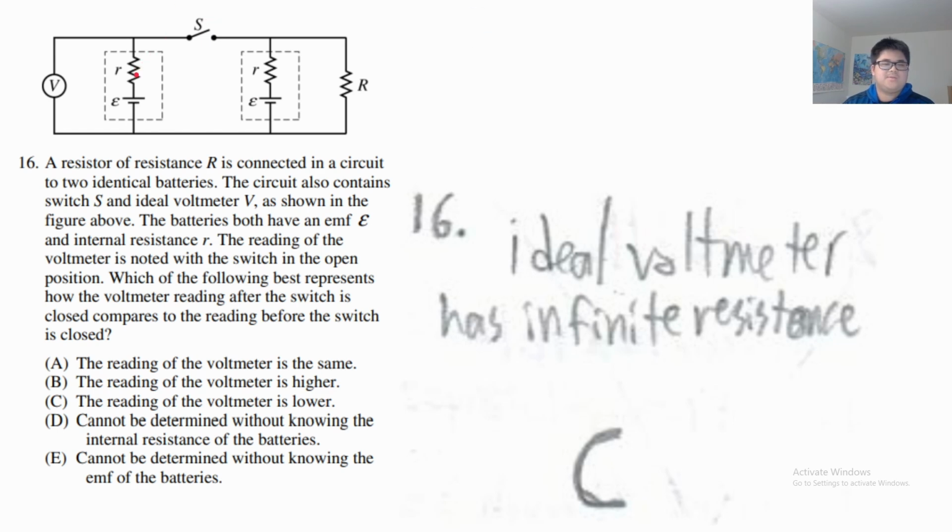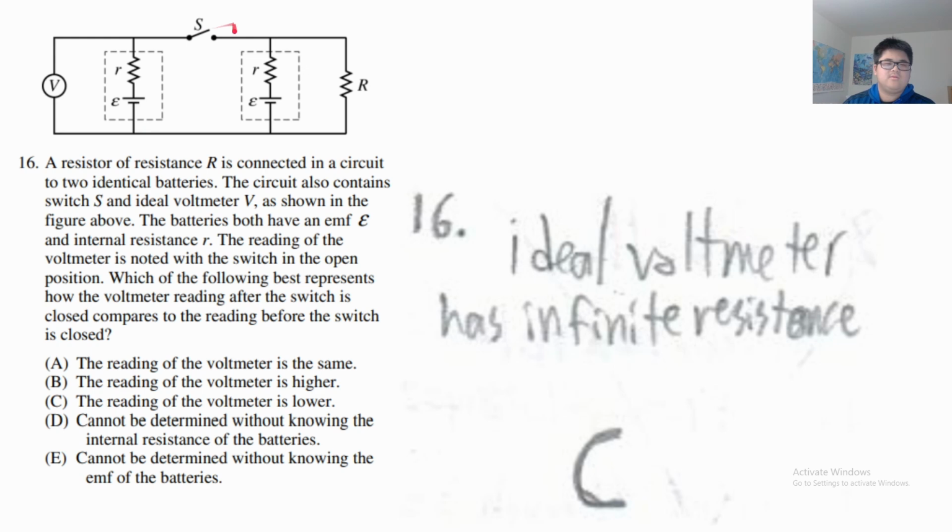We have circuit 1 where the battery goes and the current goes like this, and then we have circuit 2 where the current goes like this. So you wouldn't really have any current flowing between the two batteries.